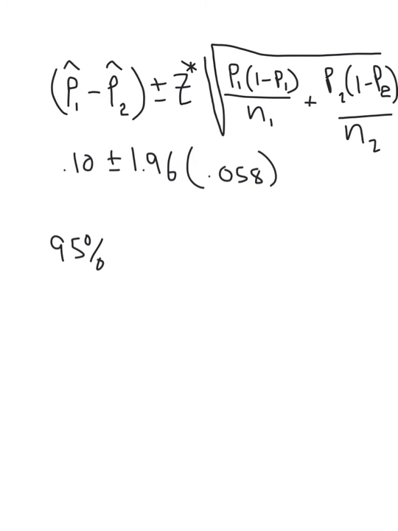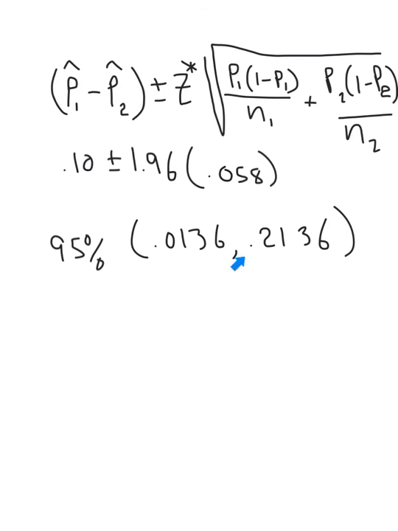So what I do is I multiply these two numbers and add it to 0.10, and I multiply these two numbers and subtract it from 0.10, and I get this as my interval: 0.0136, 0.2136. We were 95% confident that the true difference between these two schools is somewhere between these two numbers.